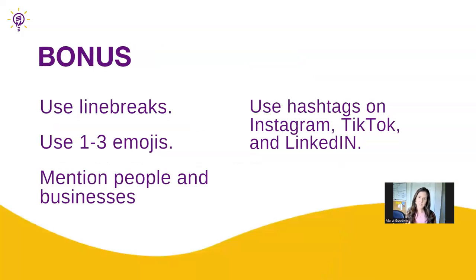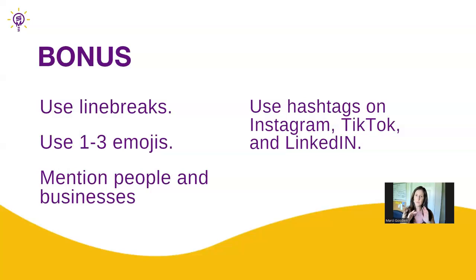So here are a few bonus items to think about after we've gone through the four parts of our captions. Use line breaks. Don't put in a big block of text. Make sure you break it up. People scan. If they see a big block of text, their eyes are overwhelmed.